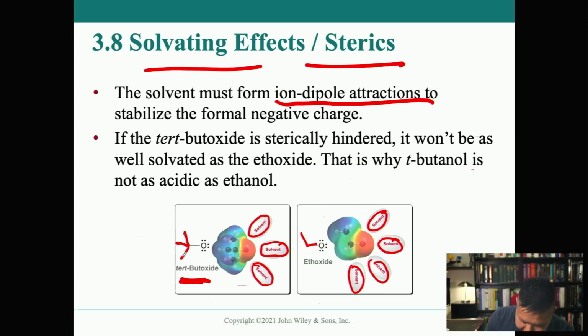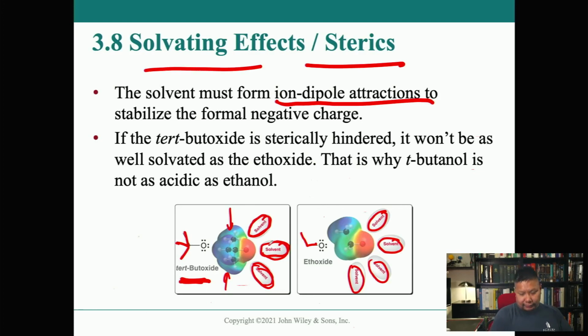These three methyl groups right here, which you can see inside that electron cloud right there, actually sterically hinder and block solvent molecules from surrounding the oxyanion, right?